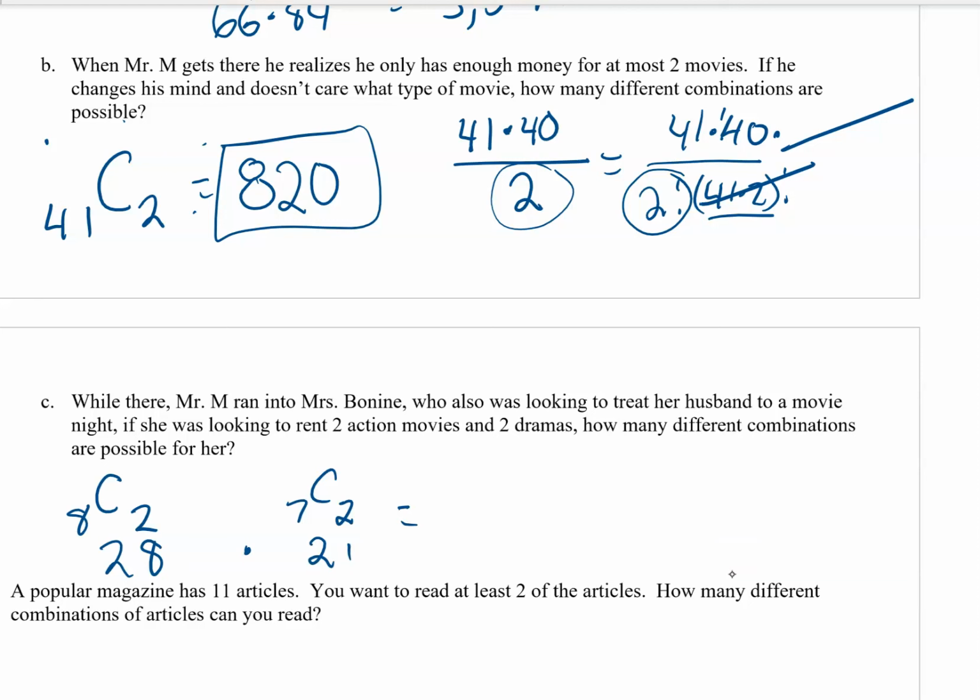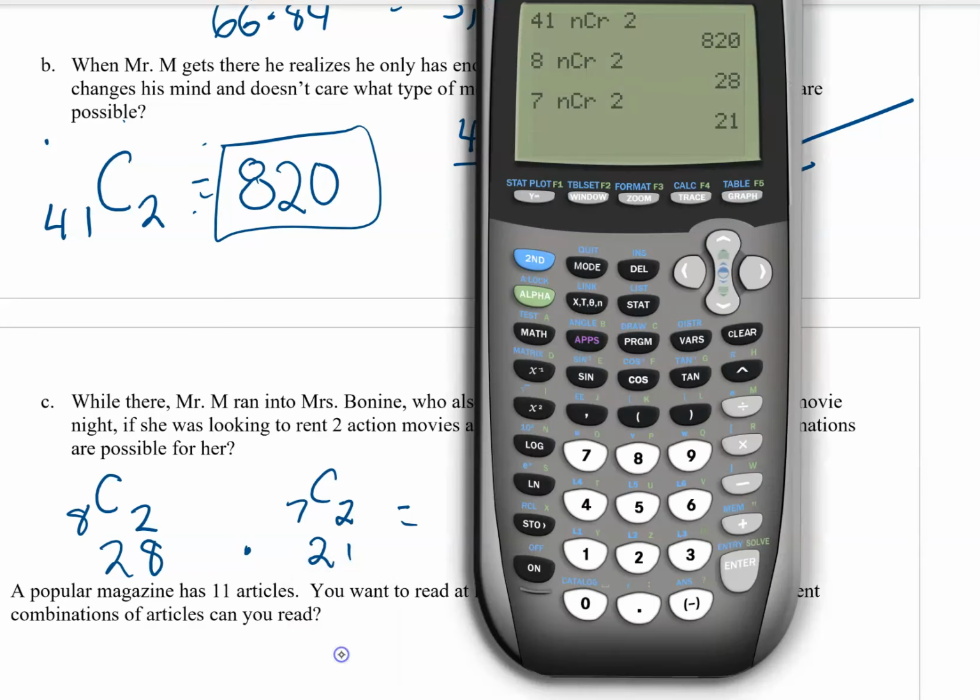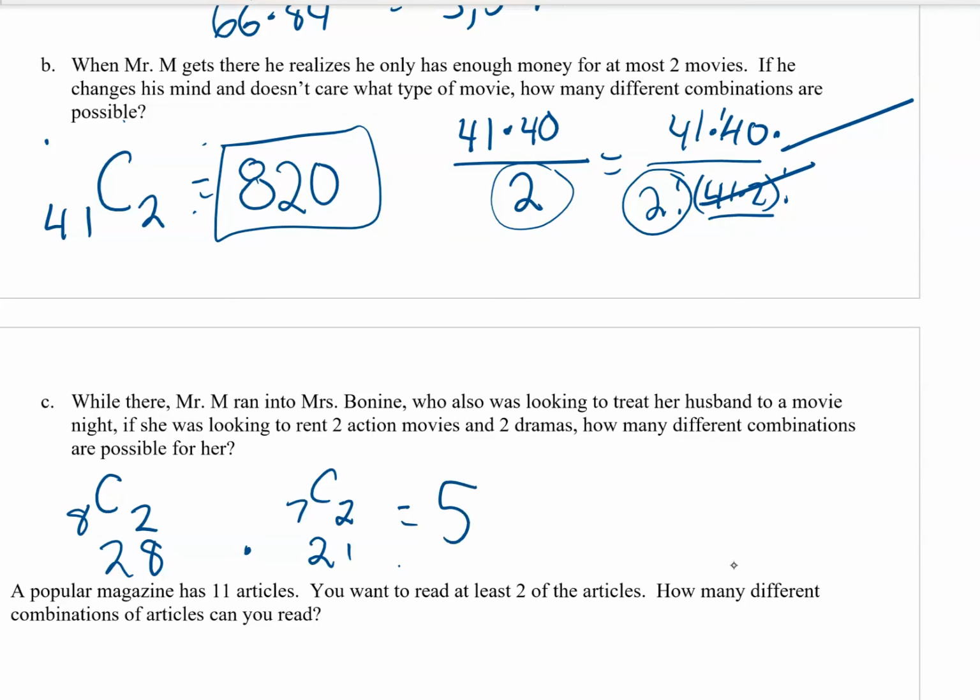So there are 28 different combinations of action movies, and 21 of drama. So we will multiply the 2 numbers together. And we get 588 total combinations for those 4 movies.